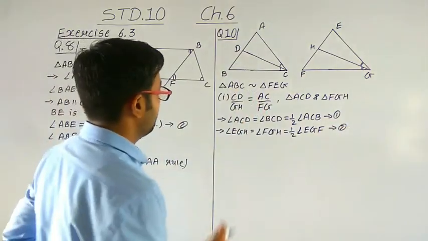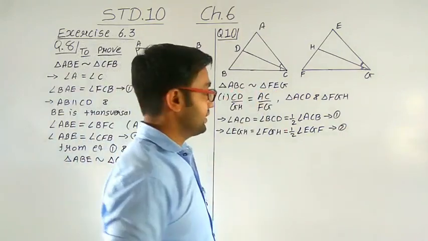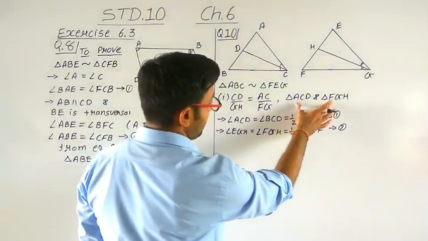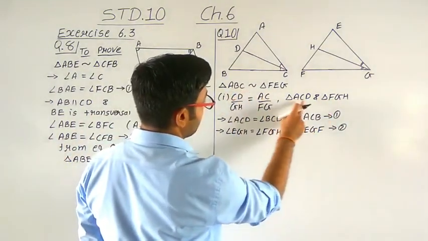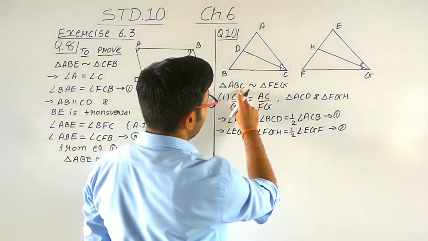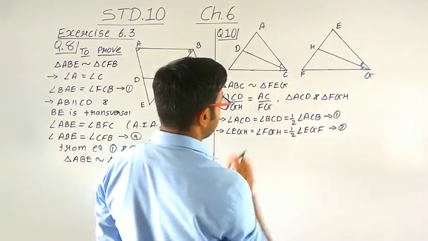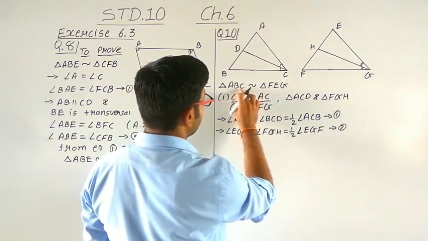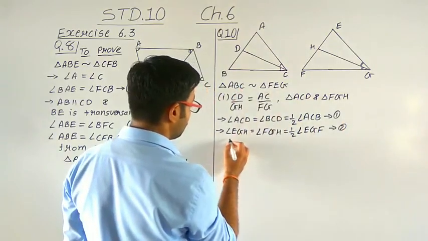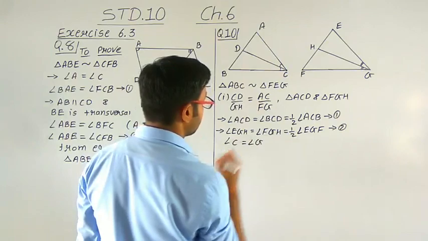One more thing given is that triangle ABC is similar to triangle FGH. So see, in both these triangles, angle C is included in triangle ABC, and in the other triangle angle G is there. So from this we can write down that angle C is equal to angle G. Right?